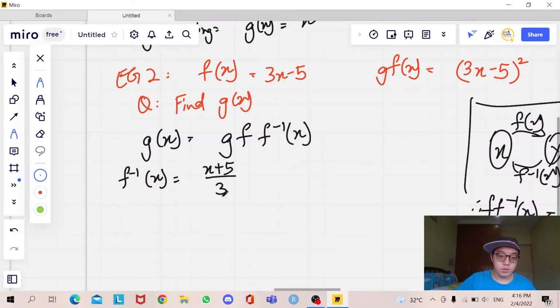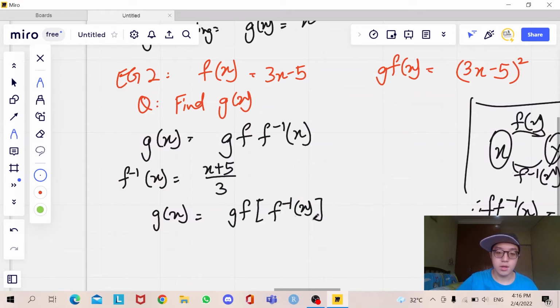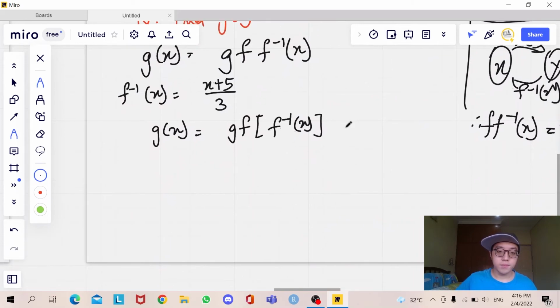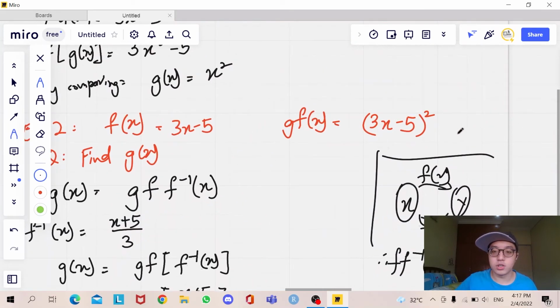So from here, you know that g(x) is equal to gf(f inverse(x)). Then you will know that it is gf((x plus 5) divided by 3). And then you are to sub this (x plus 5) divided by 3 back into the gf given.